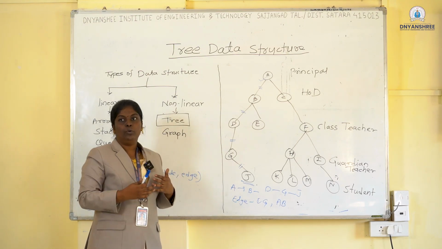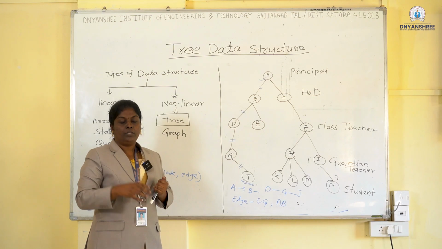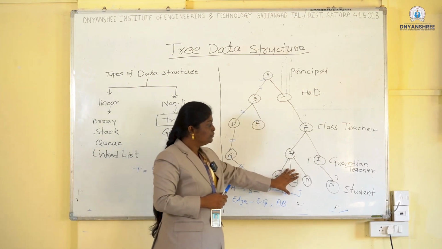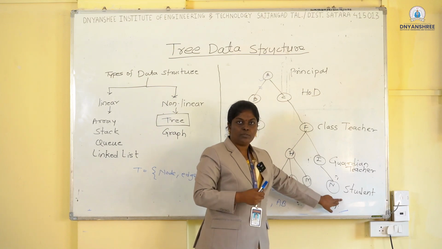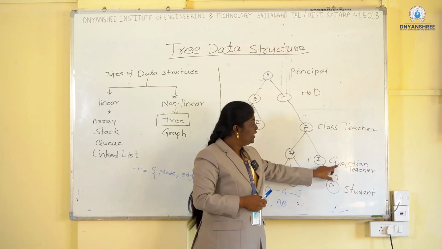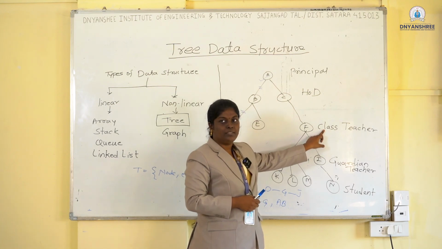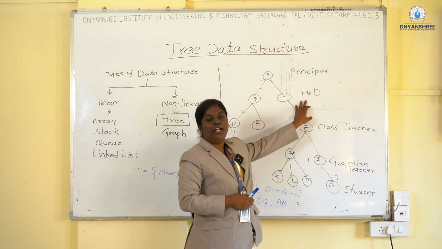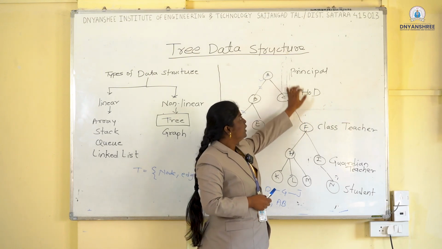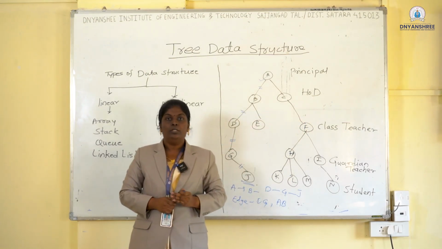Then what will be the flow? How will that student reach the principal? First of all, the student needs to report his query to the guardian teacher. The guardian teacher will report to the class teacher. Then the class teacher will report to the head of the department. And through the head of the department, the thing can be conveyed to the principal.